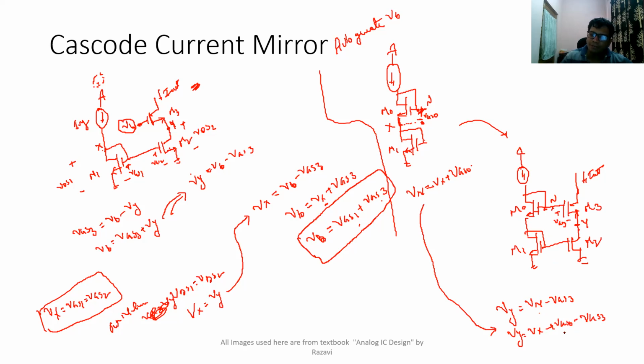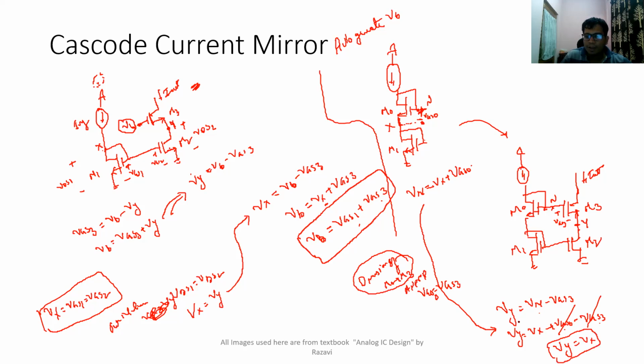So if you can choose appropriate values for M0 and M3 transistors, if the dimensions of M0 and M3 are chosen appropriately, then you can make VGS0 equal to VGS3. And if VGS0 becomes equal to VGS3, from this equation you can strike it off. You will get Vy equal to Vx.